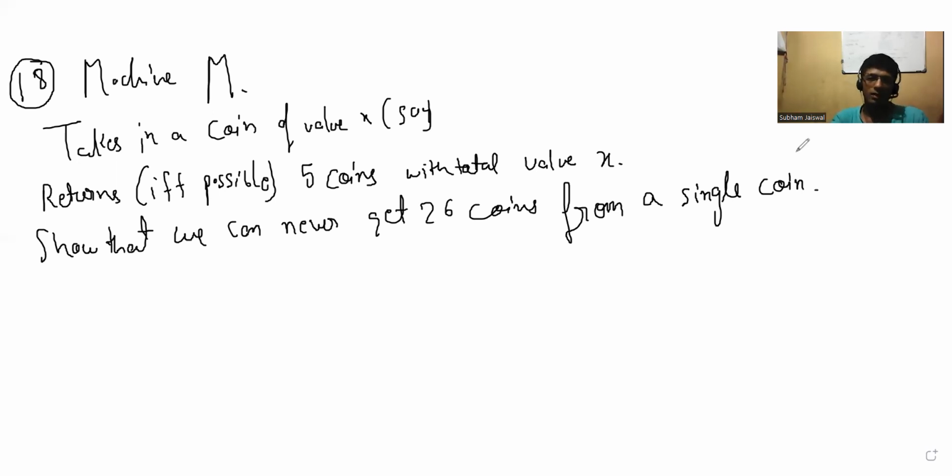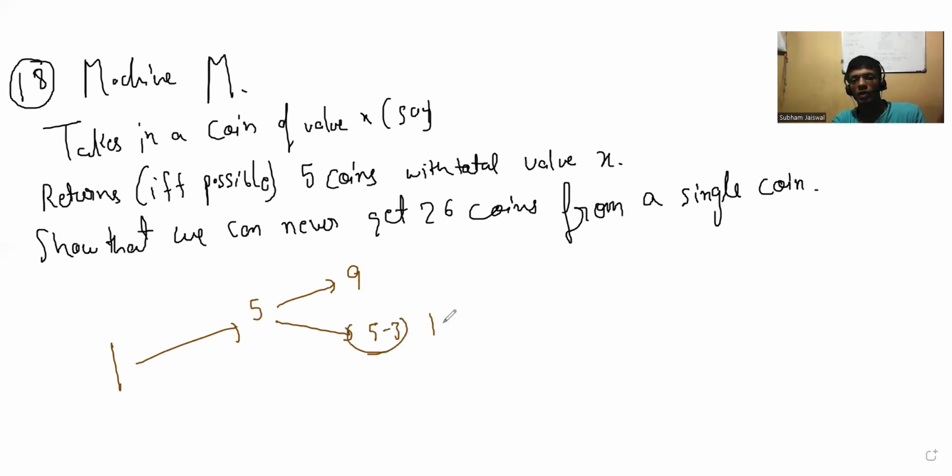Initially, what can you do? You can go from 1 coin to 5 coins, right? And then you can put one of them in the machine, so 4 of them will just be there, and that one will become 5, so it will become 9 coins. But you could have done many things. You could have put 2 of them in the machine, so it becomes 5 minus 2, which is 3, and those 2 will give you 5 each, so that becomes 10, and you get 13 coins.